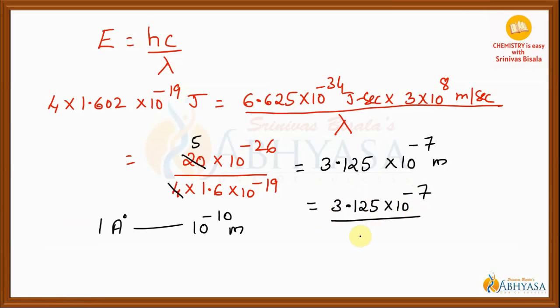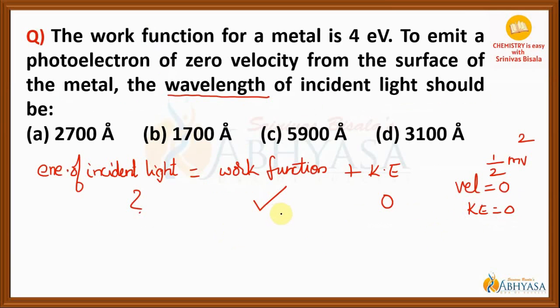So this value divided by 10 power minus 10, and this becomes 10 power plus 10, and 3 will be remaining, and 10 power 3 multiplied by 3.125. This is nothing but 3125 angstrom units. This is our answer. Then see, this is given in option D. Even though this is not exactly 3125, the nearest answer is 3100 angstrom units as given in the option.